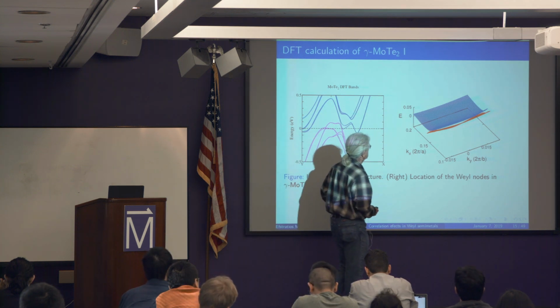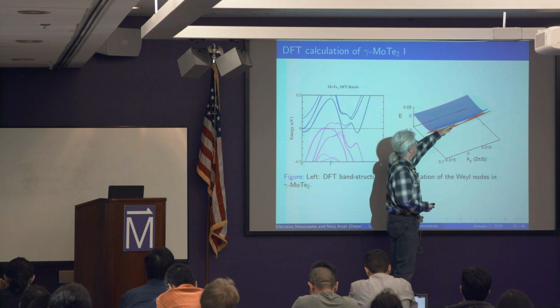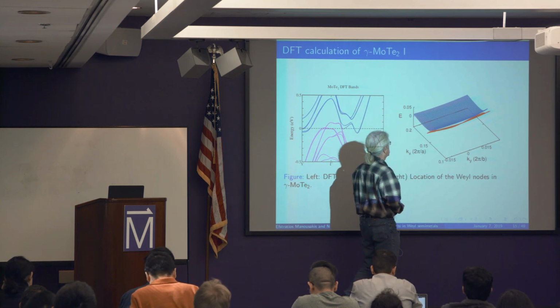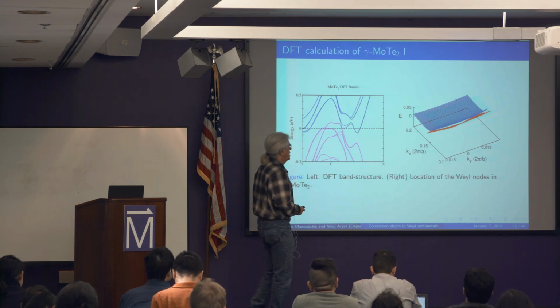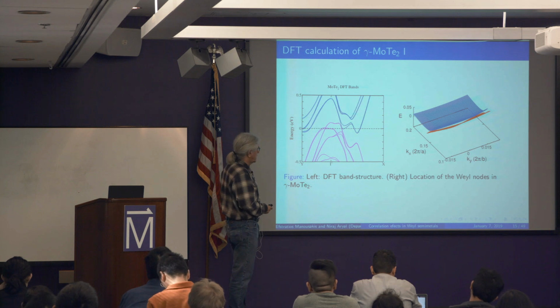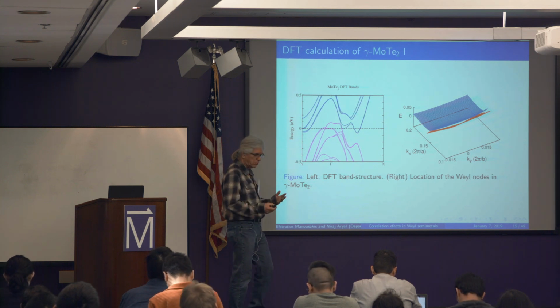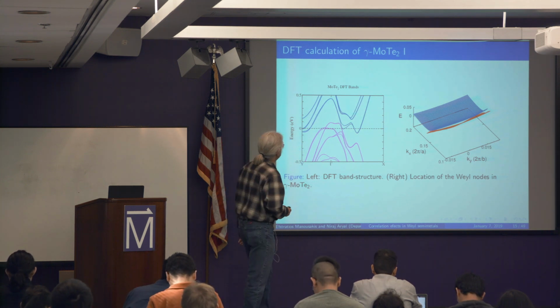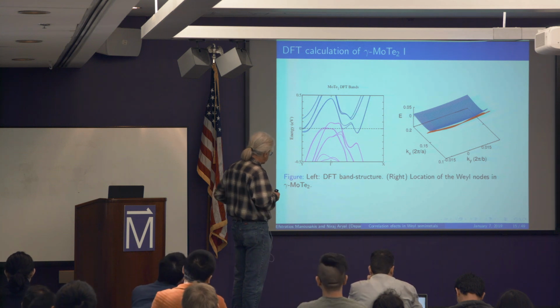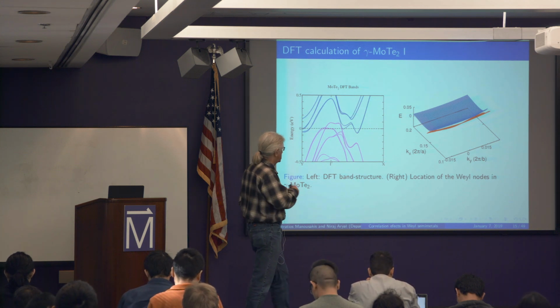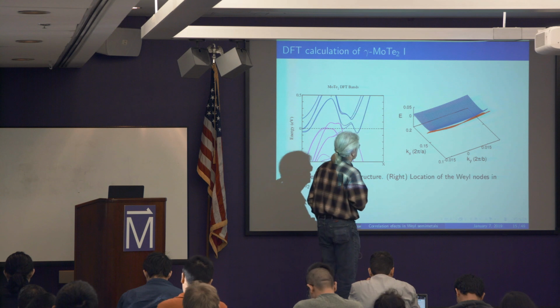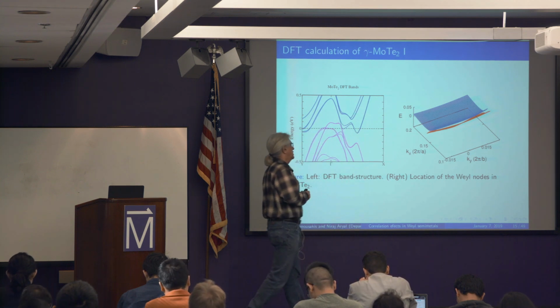So I see that these two energy sheets touch at 2 points. And as they should, at least 2, there's more, there's 4 or 8 in this material, so 12. I'll discuss how they occur and whether they should be 4 or 2 or 8 later on.